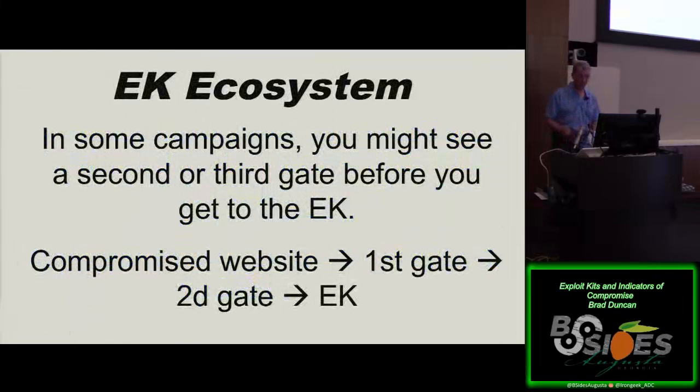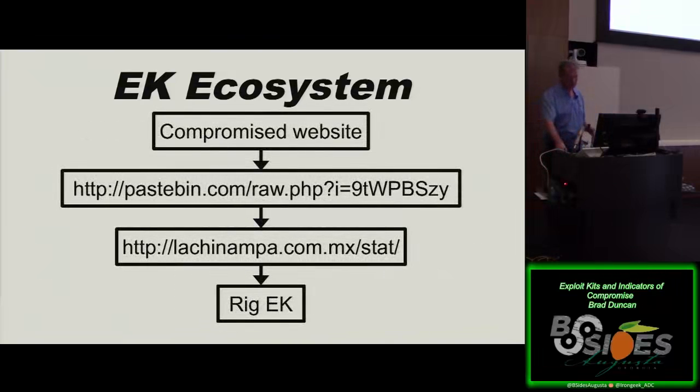In some campaigns, you might see a second or a third gate before you get to the exploit kit. And a lot of times, here's an example, where you can see pastebin is being used as a gate before you get to the second gate. So pastebin, URL shorteners like GOO.GL for Google URL shortener, I've seen those plenty of times before, although not recently, but these are commonly abused by criminals.